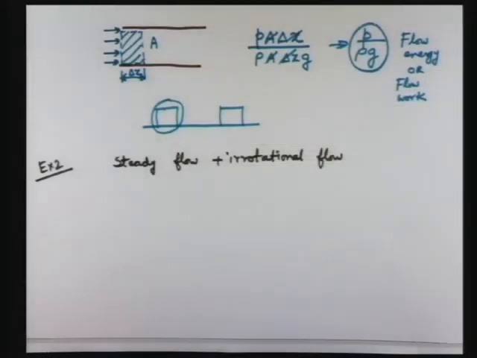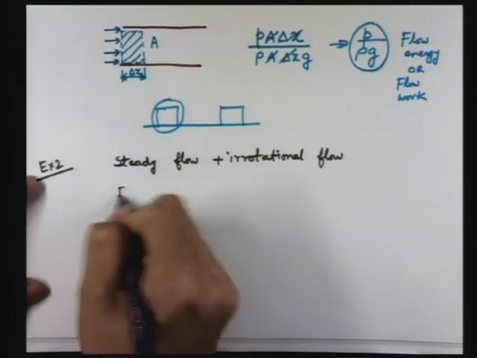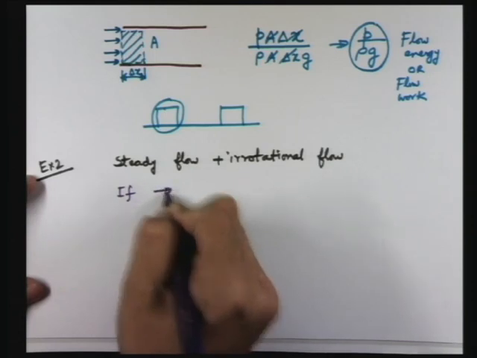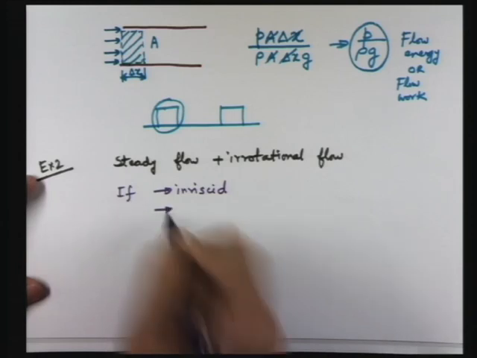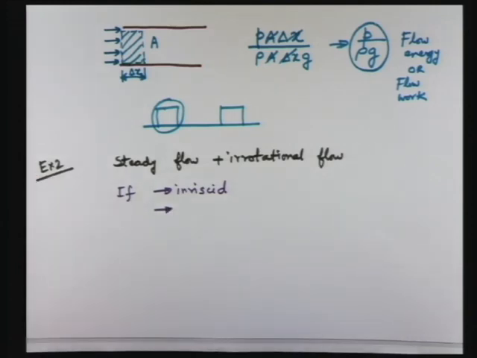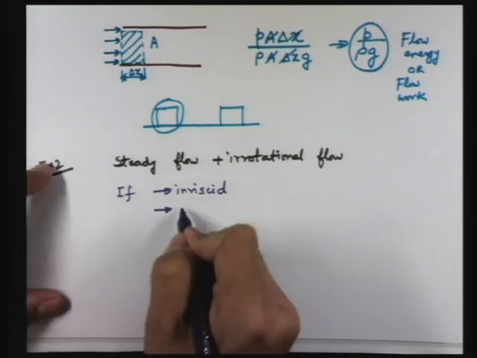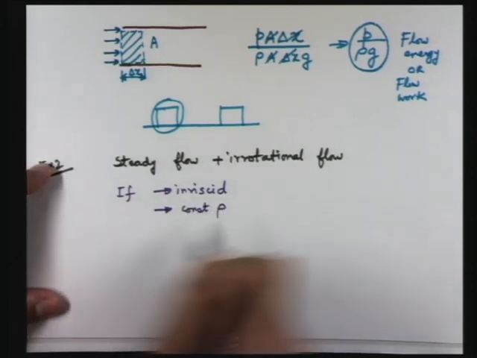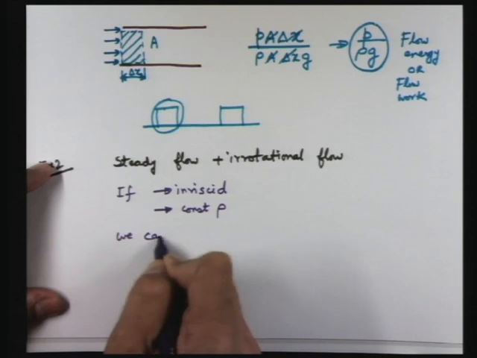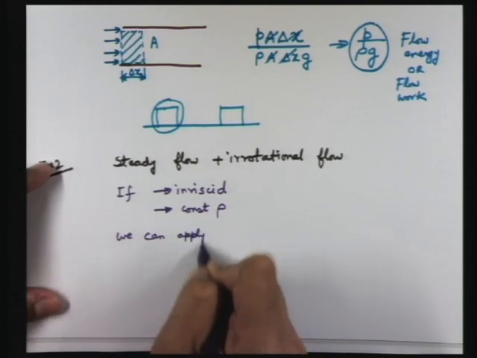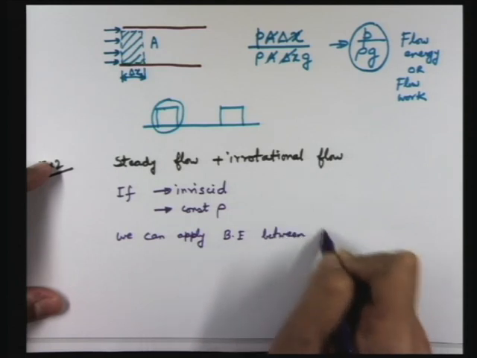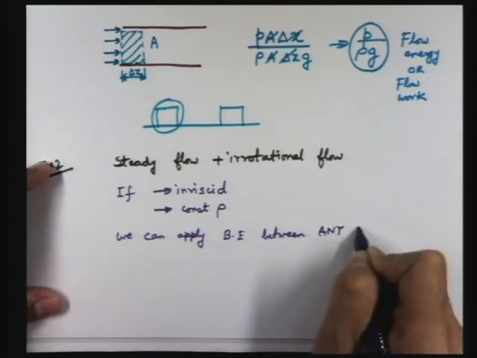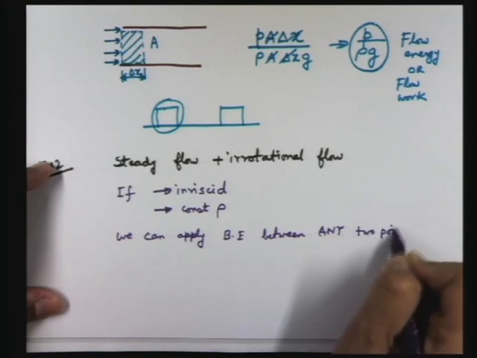So for steady flow plus irrotational flow, if it is in addition inviscid and constant density, then we can apply Bernoulli's equation between any 2 points in the flow field.